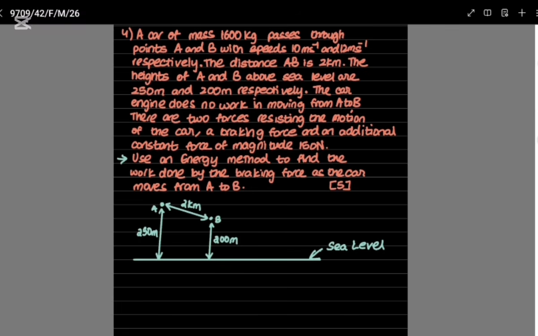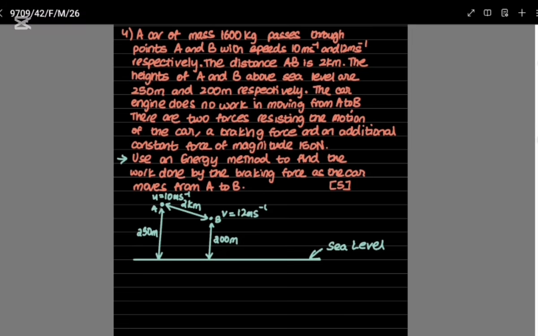The car engine does no work in moving from A to B. There are two forces resisting the motion of the car: a braking force, and an additional constant force of magnitude 150 newtons. So keep a note of that. And by the way, at point A, the speed of the car is u equal to 10 meters per second, and at B, v is equal to 12 meters per second.